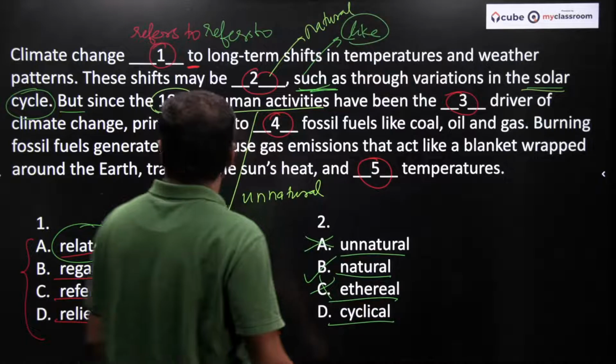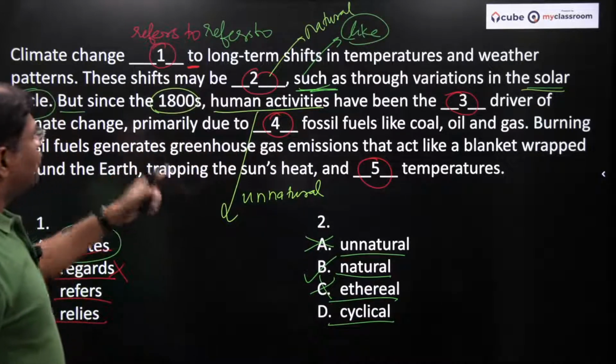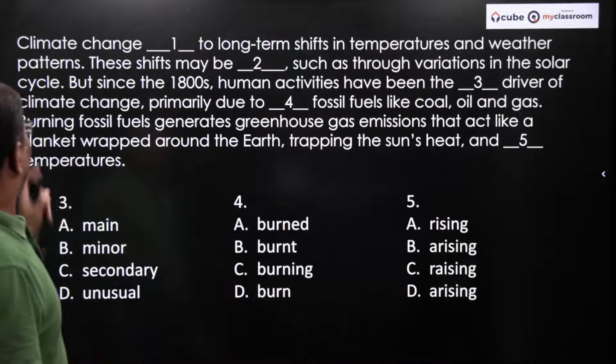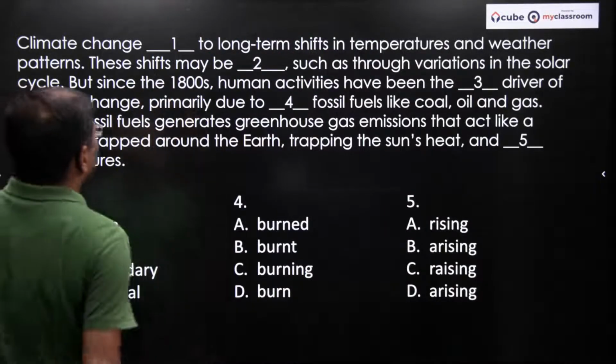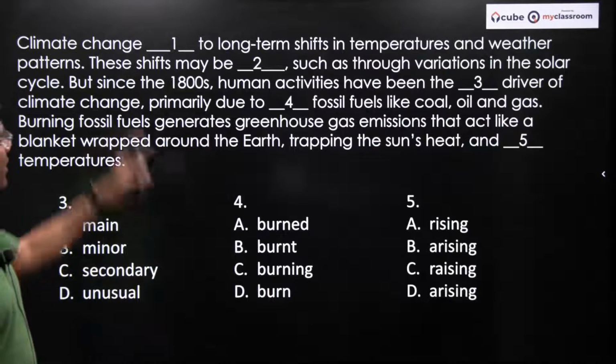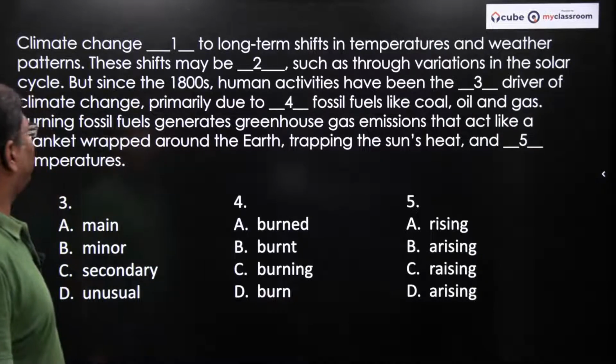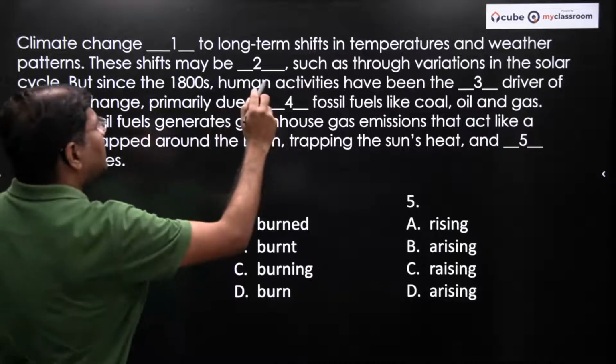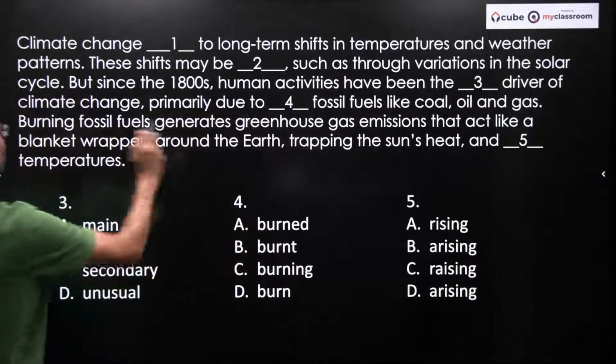So what happened? But since the 1800s, human activities have been the dash driver. So let's go to the next. We have filled the first blank in the earlier slide, we have filled the second blank, and now we come to the third blank. It says, but since the 1800s, human activities have been the dash driver of climate change.